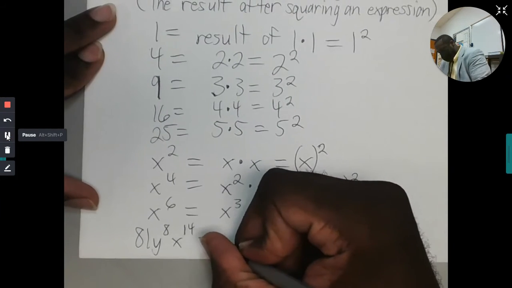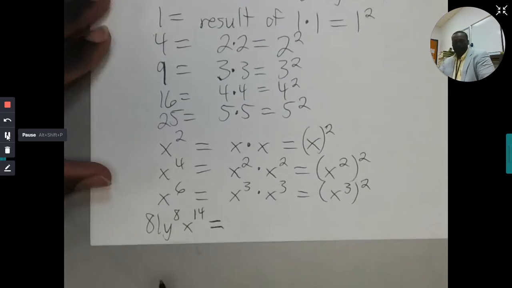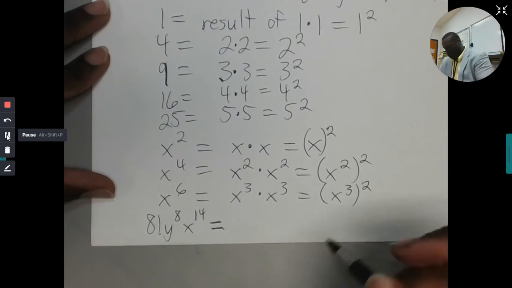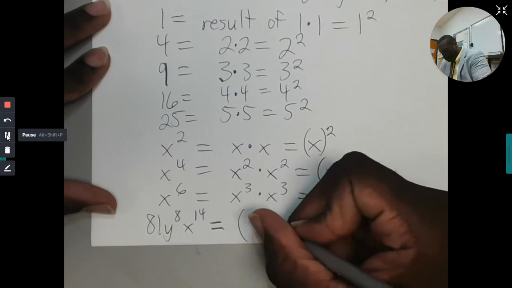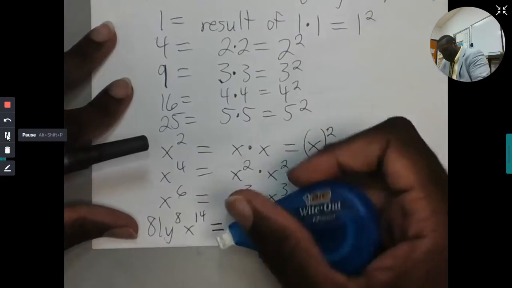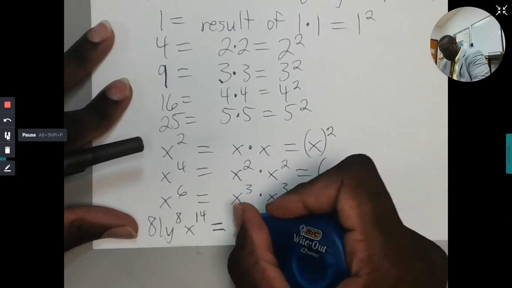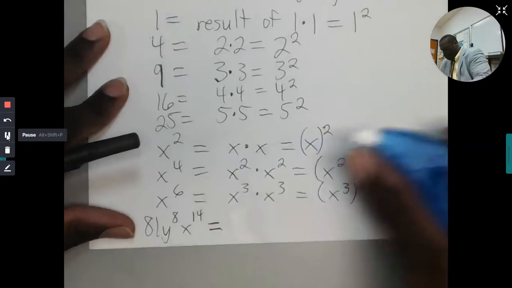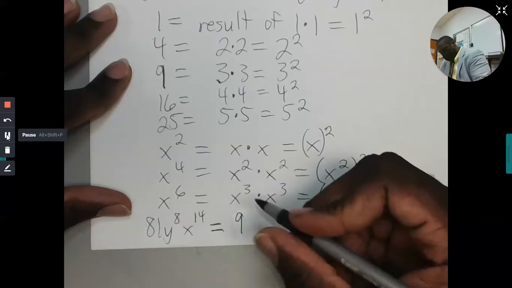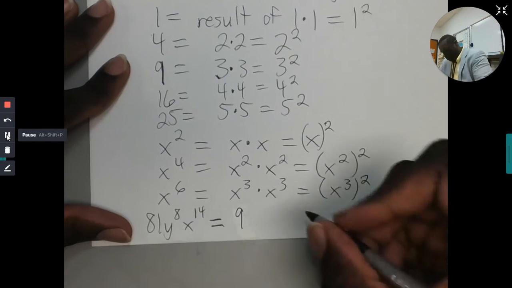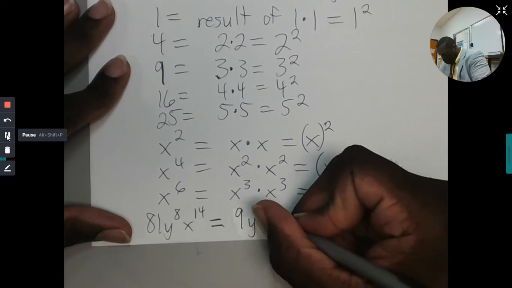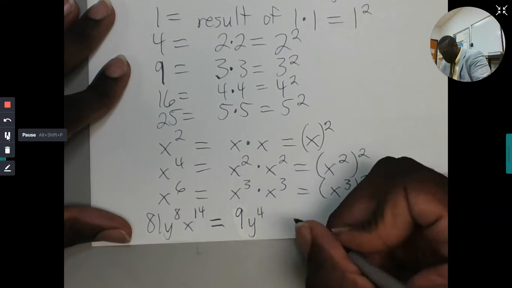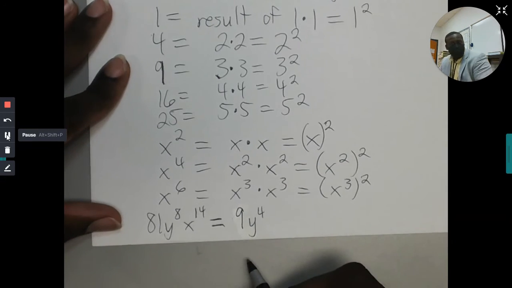So if we had that expression, 81 is a perfect square because 81 is the same thing as 9 multiplied by itself, so 9 times 9 gives you 81. The y to the 8th power is a perfect square because that is the same thing as y to the 4th power multiplied by itself.